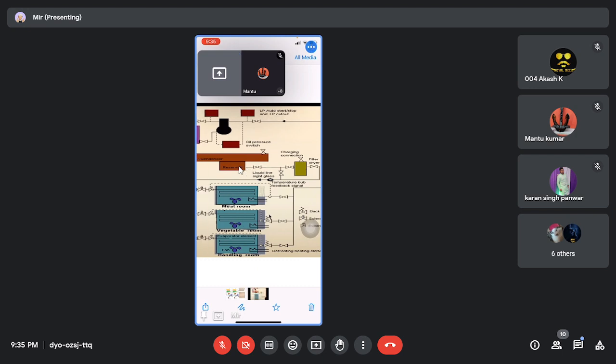So why do we use it? If we do not use a back pressure valve in the vegetable and handling room, the refrigerant coming out from the meat room will enter into the vegetable room. Why? We know the refrigerant flows from high to low.